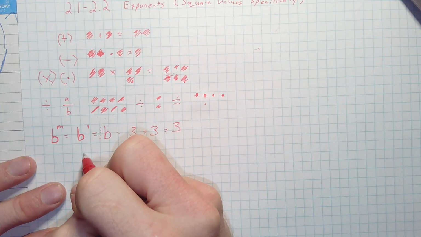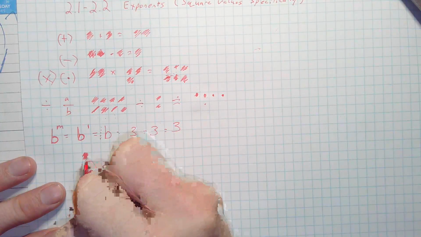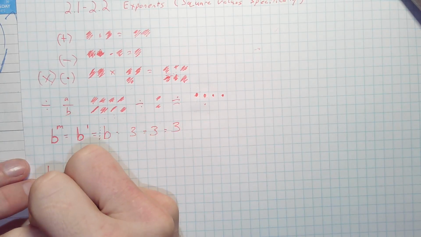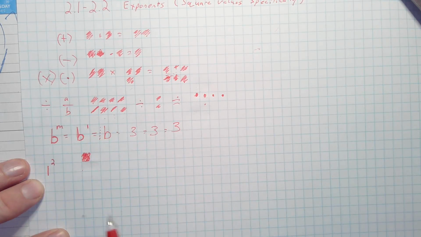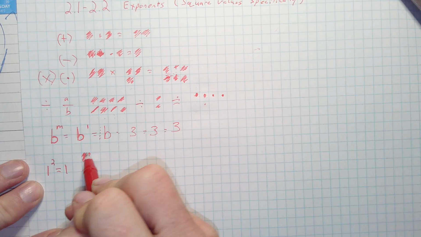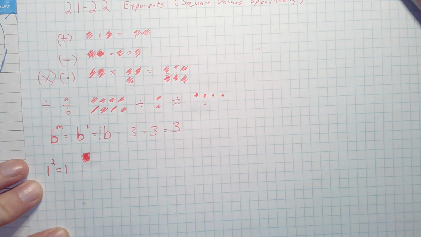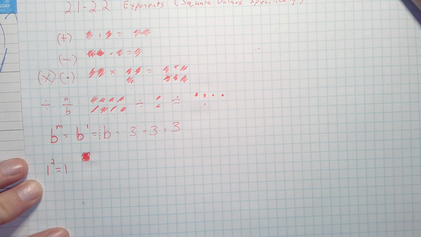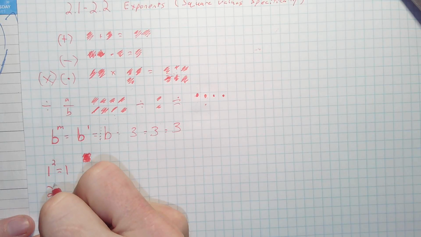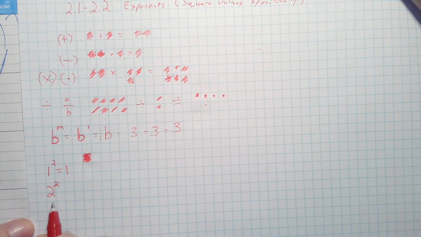If we have 1 raised to the 2, this just equals 1, because if I have 1 this way and 1 this way, I have one block. Well, that's pretty boring. It gets more interesting when we have a 2 raised to a 2. What this means is it's 2 times itself.